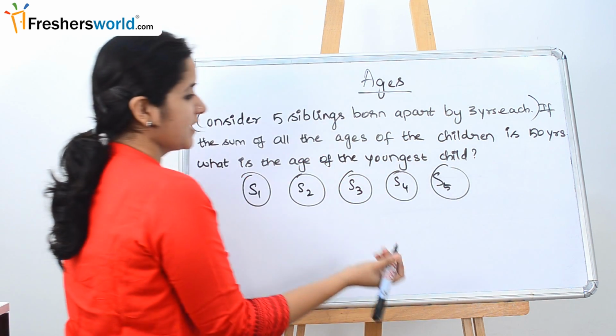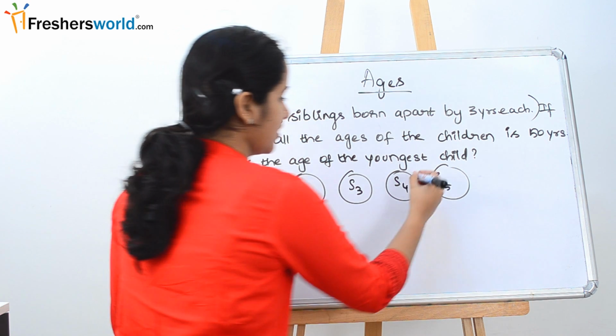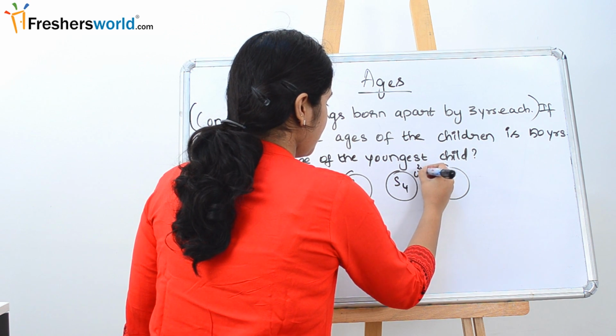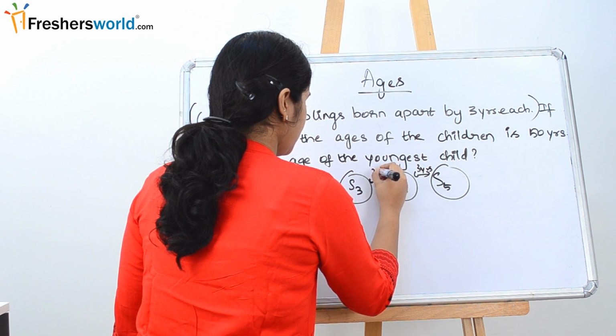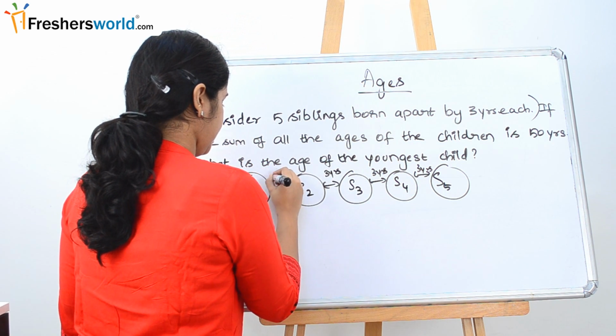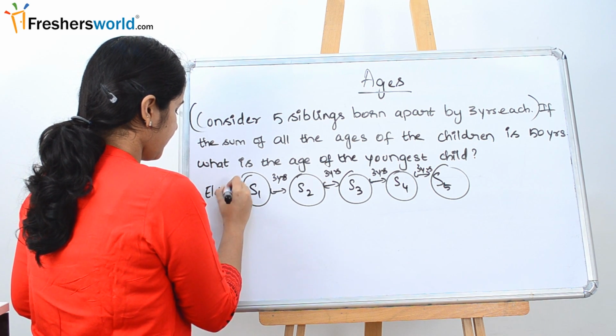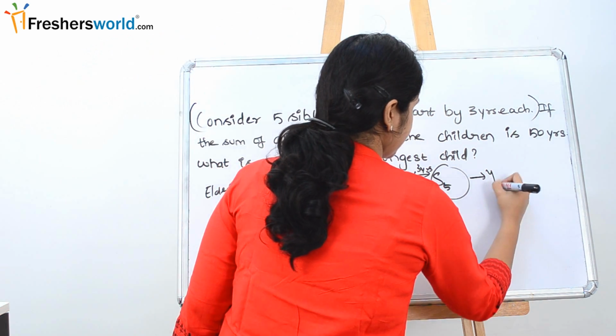They are saying the difference between the siblings is 3 years each. Let's take sibling 1 as the eldest and sibling 5 as the youngest.